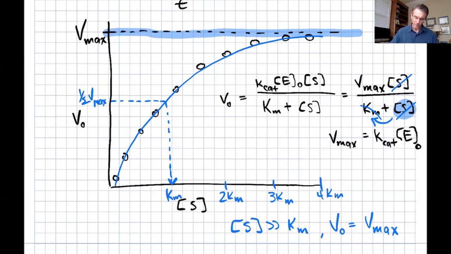Okay, so those are some really useful things you can read right off one of these plots. You can get an estimate of what the Vmax is by looking at that asymptote. You can get a sense of the Km. But if you really want to be quantitative about this, and usually when you're doing enzyme kinetics you want to be quantitative, you're not just going to eyeball it off a plot. It gives you a good feel for it, and it's a good technique to know.